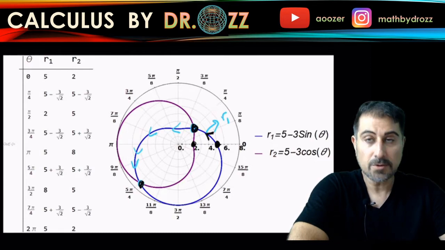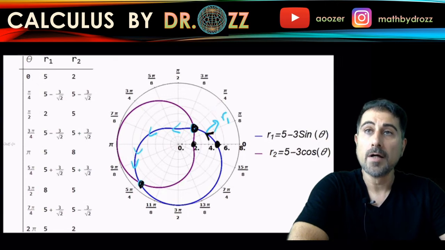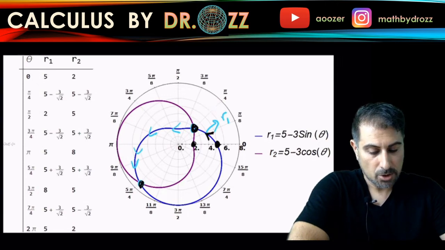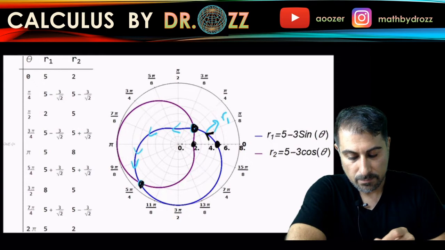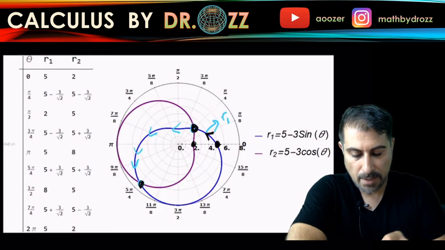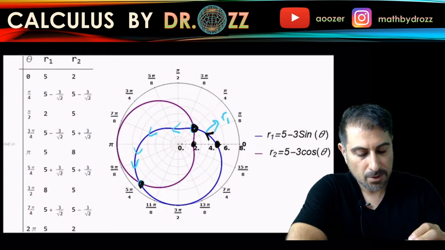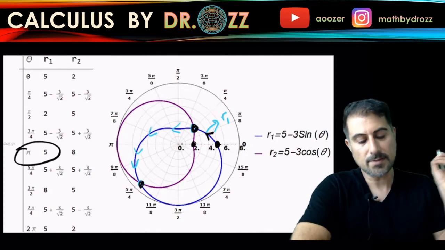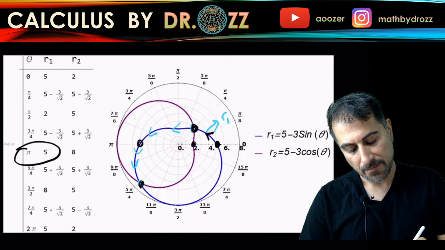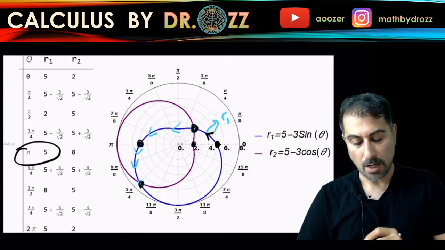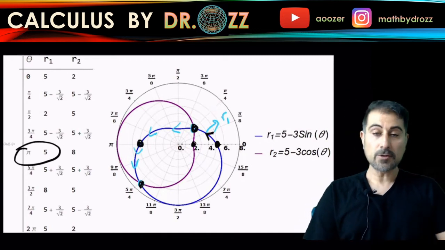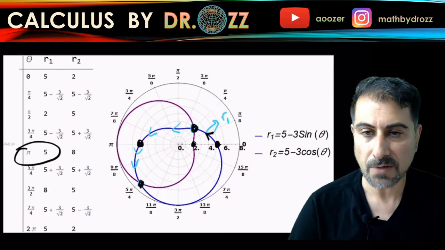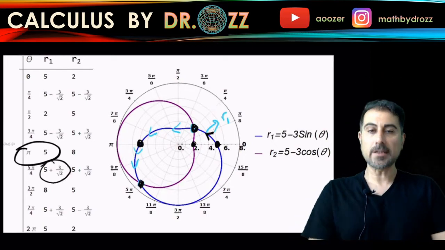Now what I want to do is check what happens at pi, because pi is in between. So at pi, R1 equals 5. Here we go. I'm going to walk 5 units to come up here, and yes, that's good. And at 5 pi over 4, we have the value of r equal to 5 plus 3 over radical 2.